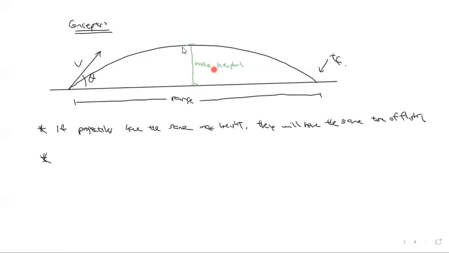Range is maximum at theta equals 45 degrees. Anything less than 45 degrees, for level ground, to be clear. If you are at anything not at 45 degrees, then for any other point, so here, which is clearly less than maximum range, since I've been able to get here, for example, then there are always 2 angles that you can hit.